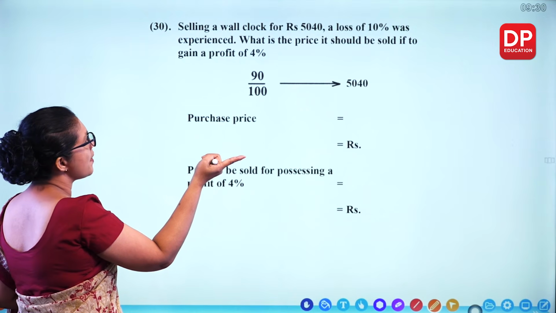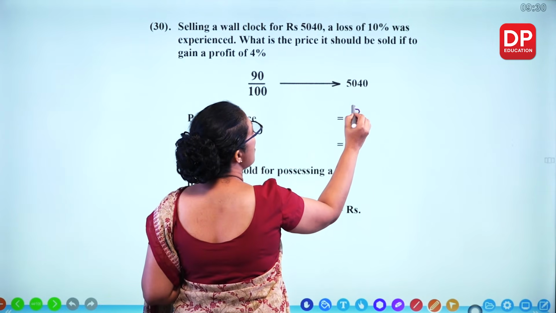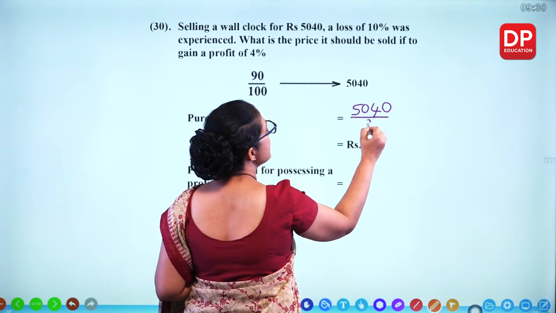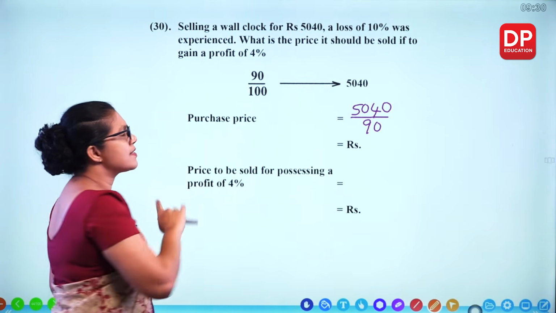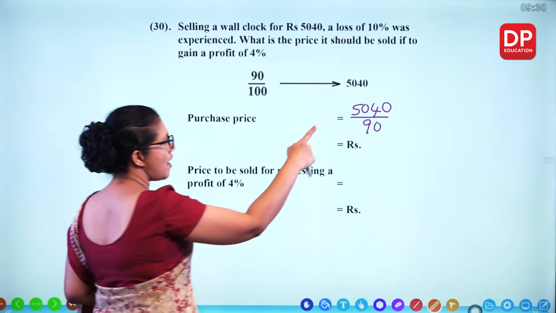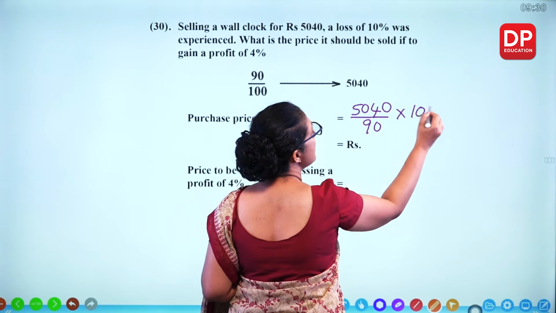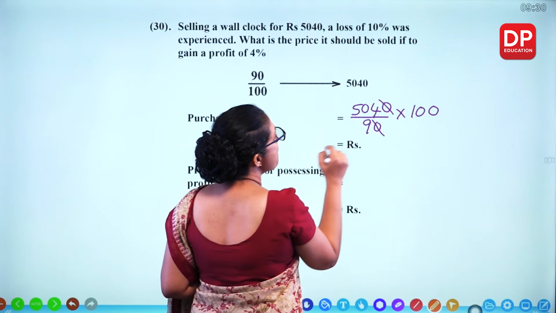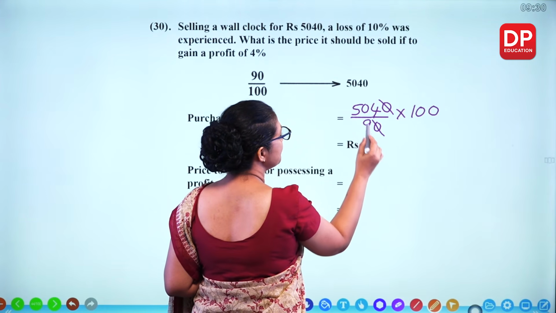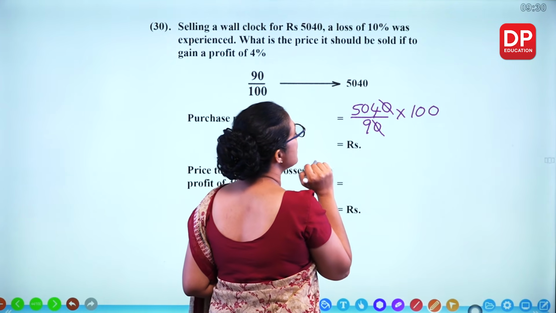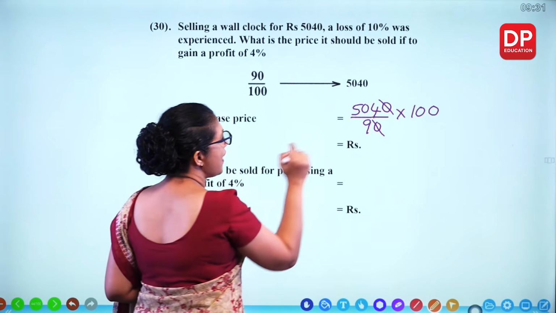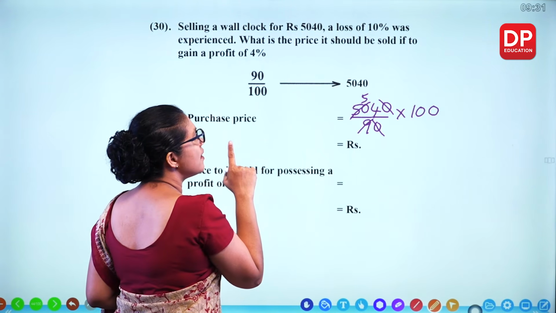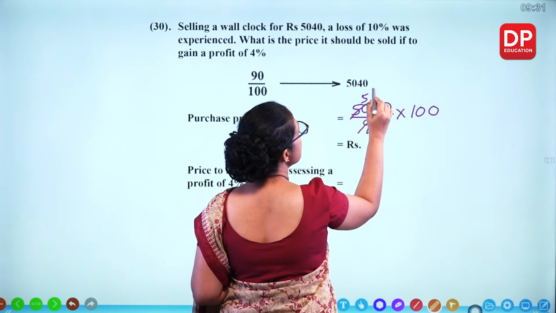So the purchase price is 5,040 divided by 90. So this is 90 parts. So divide by 90 and multiply by 100. 0 gets cancelled out. 9 times 5, 45 and 54, 9 times 6.